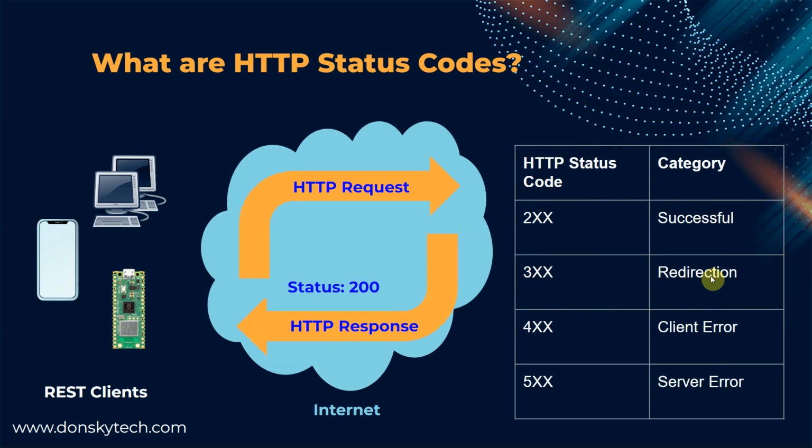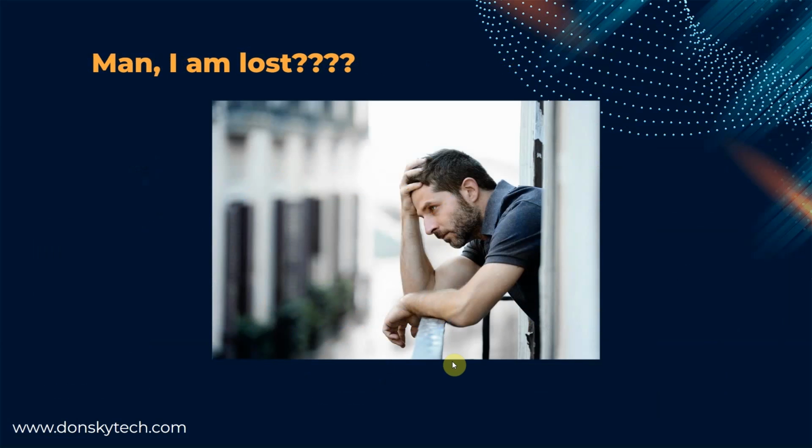If it's 3, it means redirection. For 4, or 400, it means a client error. And for 5, it means something bad happened at the server. So for example, if we are creating a book and we receive a response of HTTP 200, then it means that the book was created successfully.